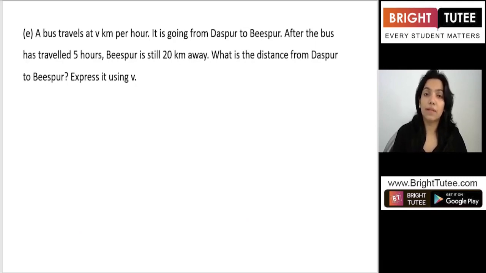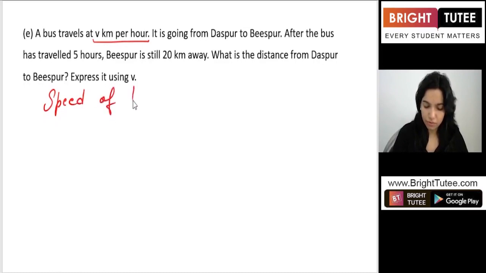So this one, the E part says a bus travels at V kilometer per hour. So this is the speed of the bus. Okay, let us write speed of the bus is, how much is it? V kilometers per hour.